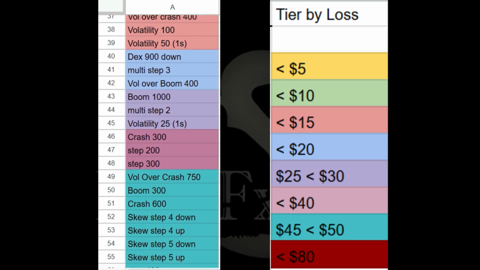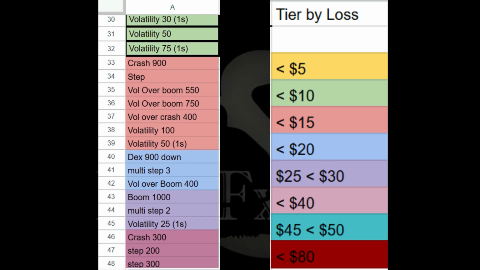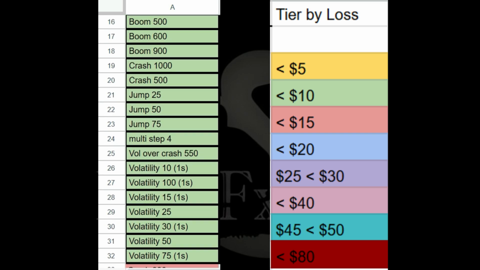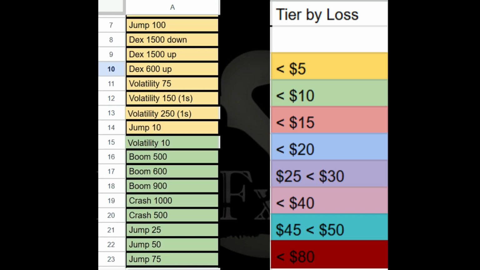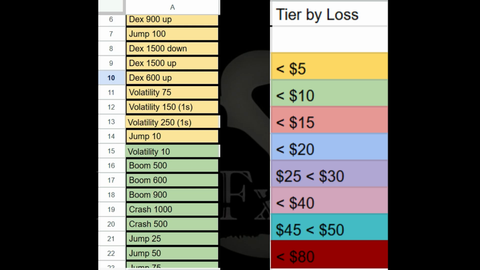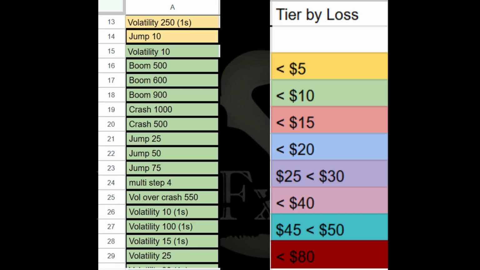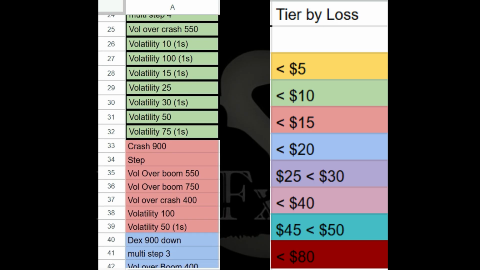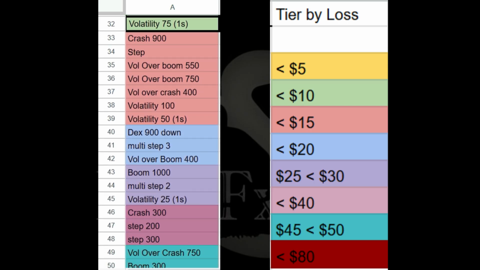Some are 1, some are 4, a few are like 5, if I remember. Then 25 of those assets have a stop loss dollar amount of $10. And again, this is using the smallest lot size for that asset.